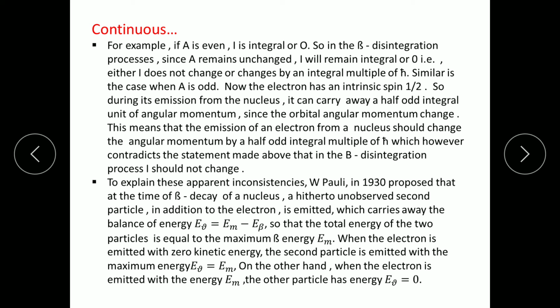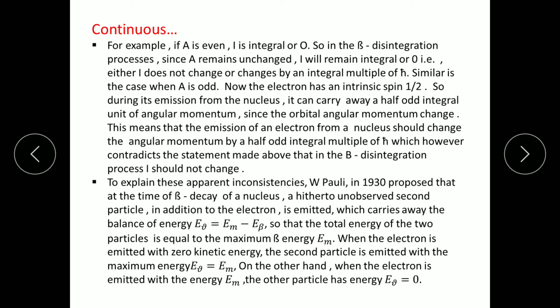Now see that, consider that the neutrino has an energy E nu equal to Em minus E beta, where Em is the maximum beta energy, so that the total energy of the two particles is equal to the maximum beta energy Em. When the electron is emitted with zero kinetic energy, the second particle is emitted with maximum energy.